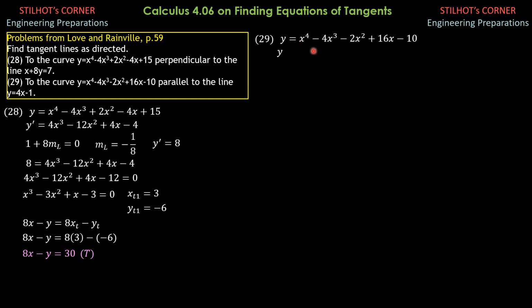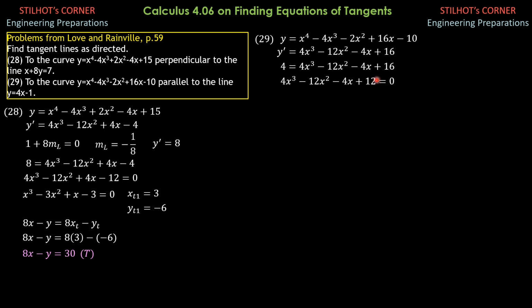So y prime is 4x cubed minus 12x squared minus 4x plus 16. We substitute y prime equals 4. So 4 equals 4x cubed minus 12x squared minus 4x plus 16, combining, 4x cubed minus 12x squared minus 4x plus 12 equals 0.